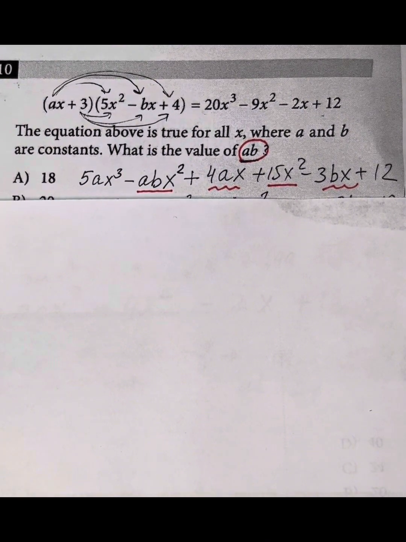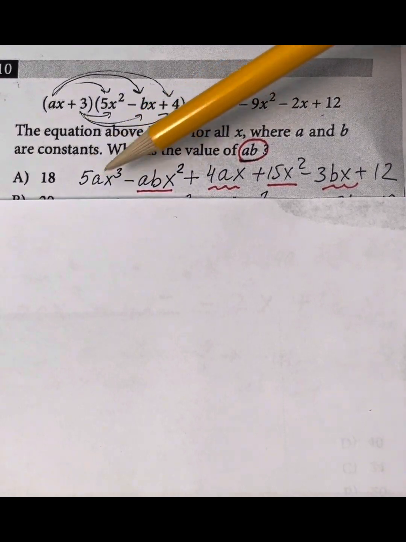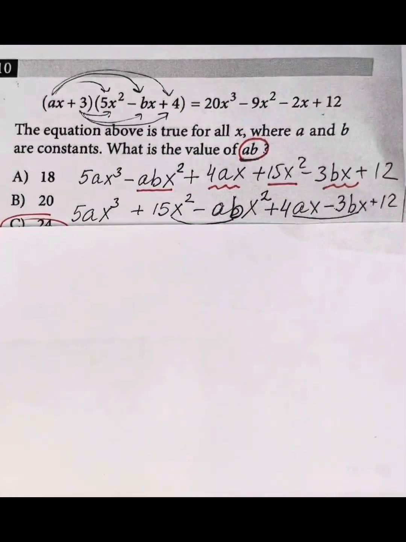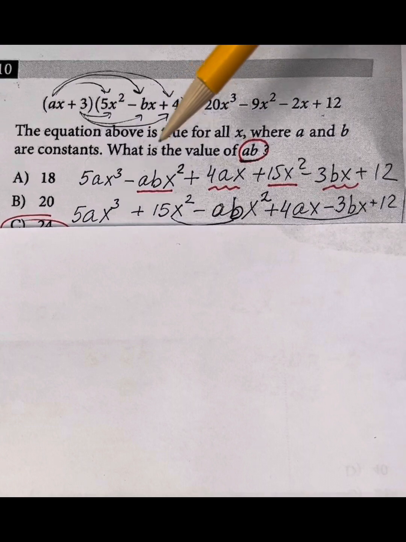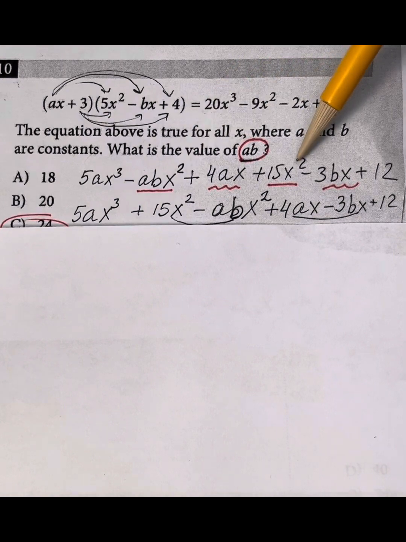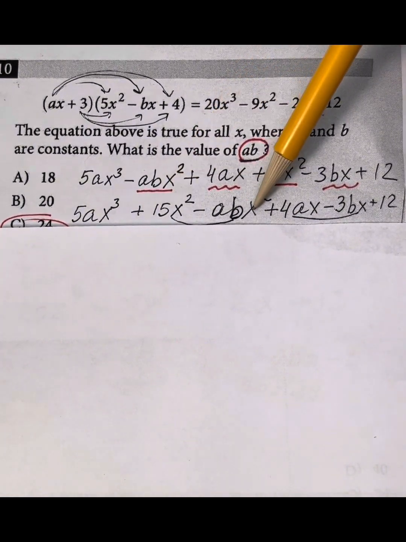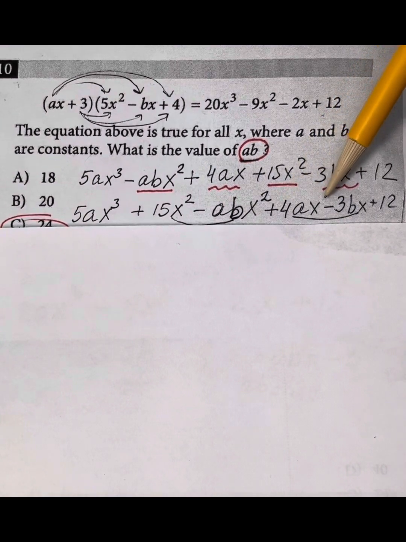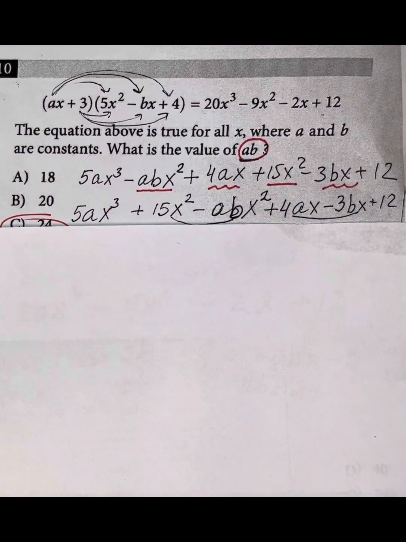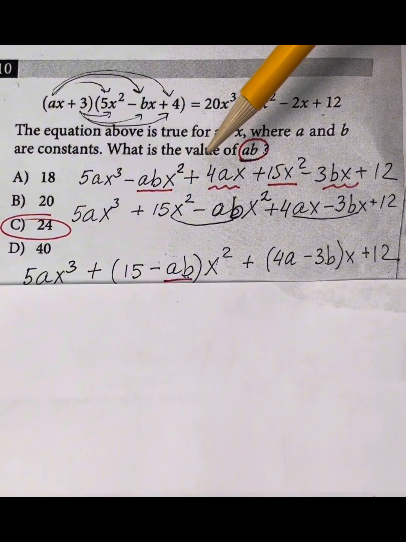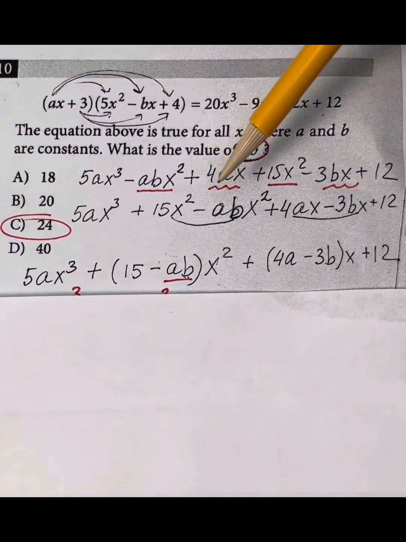So we're collecting the x cubed term. We have only one, so we just rewrite 5ax cubed. Now we're collecting terms with x squared, and I wrote them down together. Then terms with x, as you see, I wrote down together, and plus 12. Now, the next step, we're going to write the polynomial in standard form.